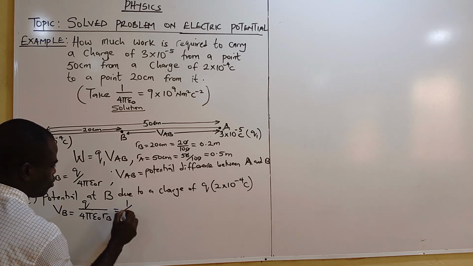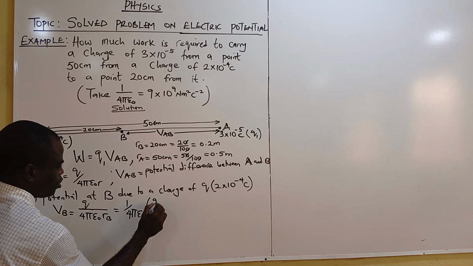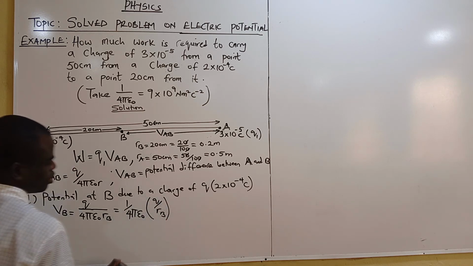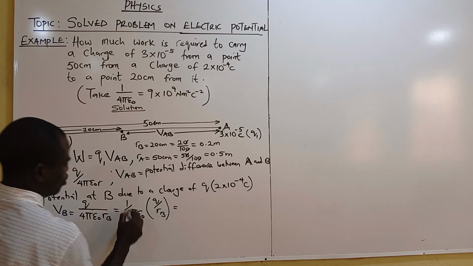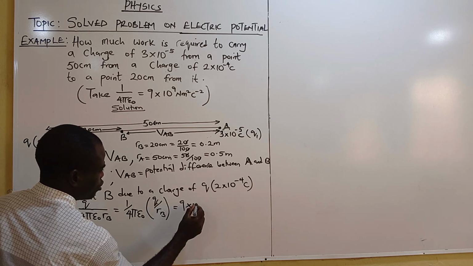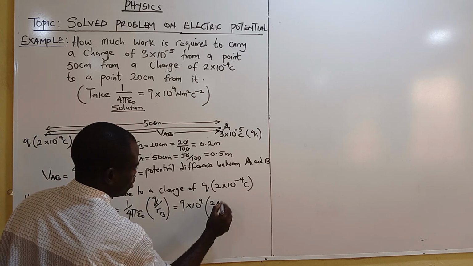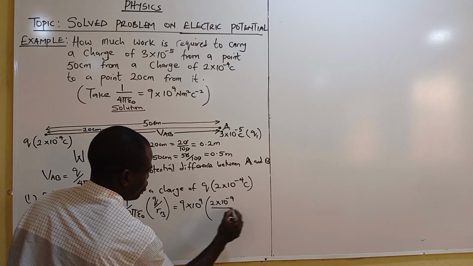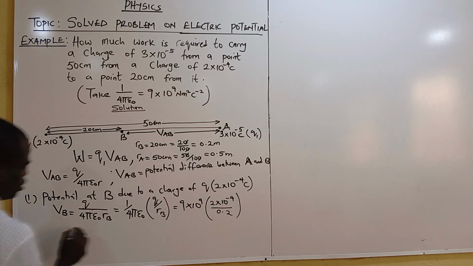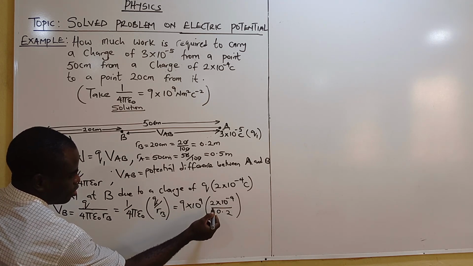It will now be 1 over 4 pi E naught times Q over RB, which is 1 over 4 pi E naught is 9 times 10 to the power 9 multiplied by our charge, 2 times 10 to the power minus 4, over RB, 0.2. Okay, let's leave it like that.